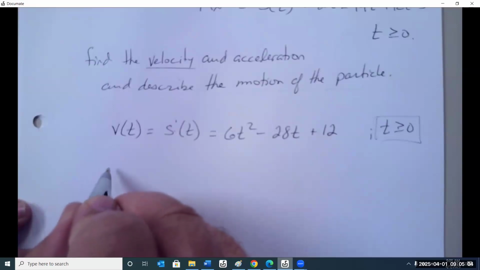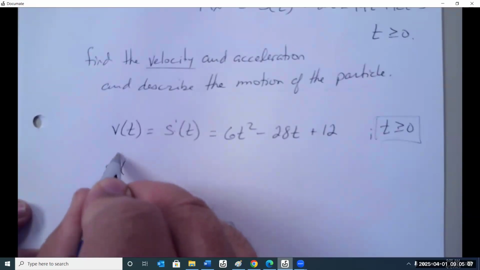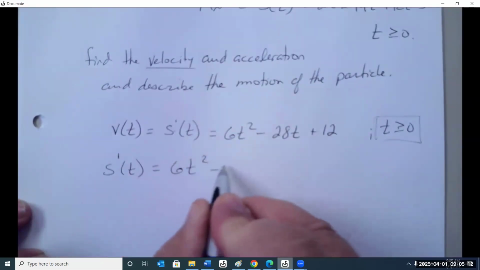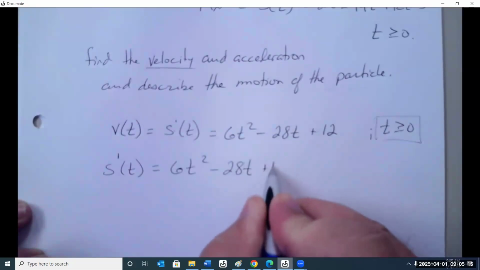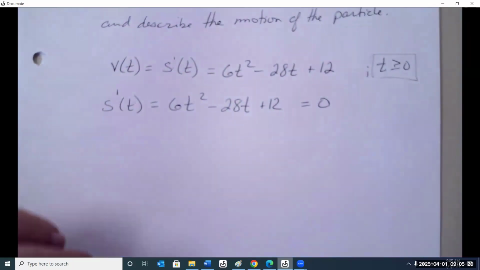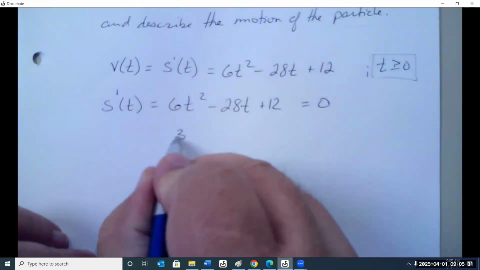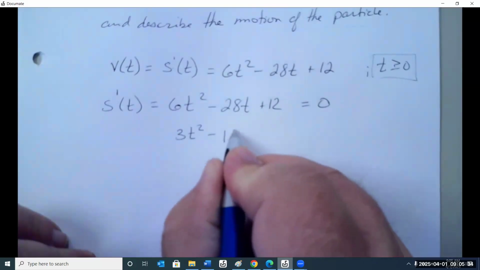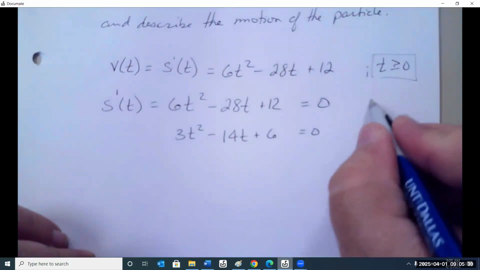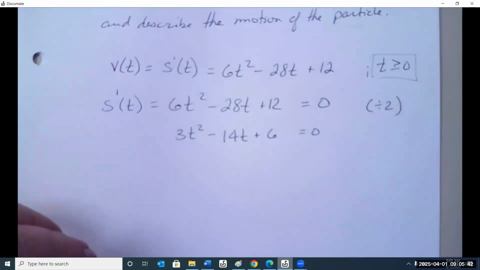Set it equal to 0, and then solve for t. I can divide everybody by 2.